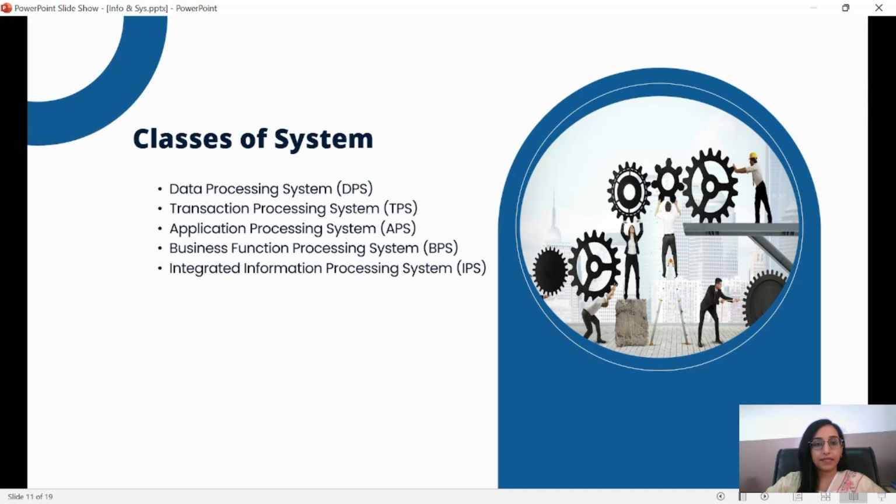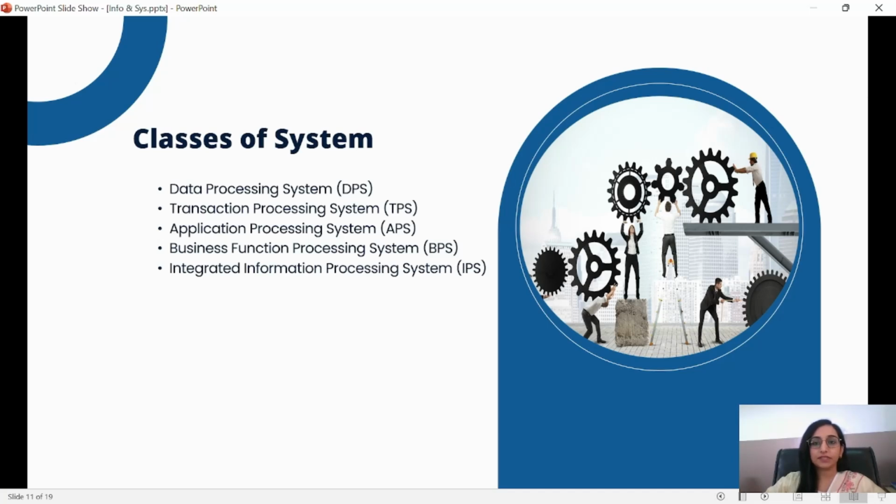Next we have TPS. It is an information processing system that captures and processes every single transaction that takes place within the organization. These transactions include activities involving collecting, retrieval, modification, and all other sets of activities that trigger the retrieval of all transactions.